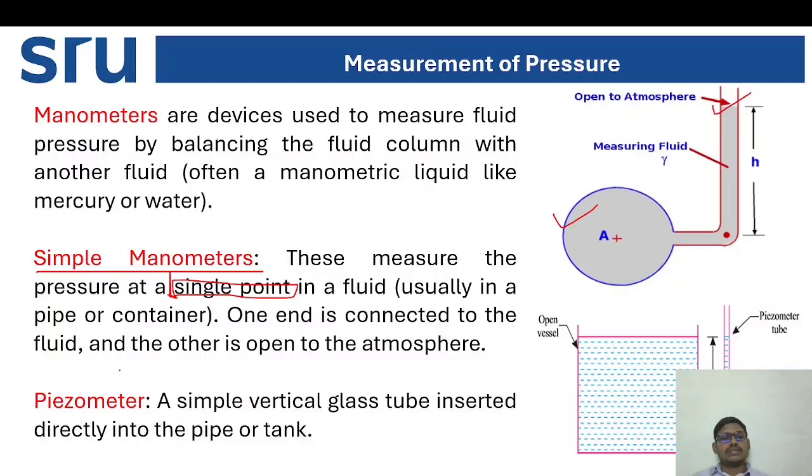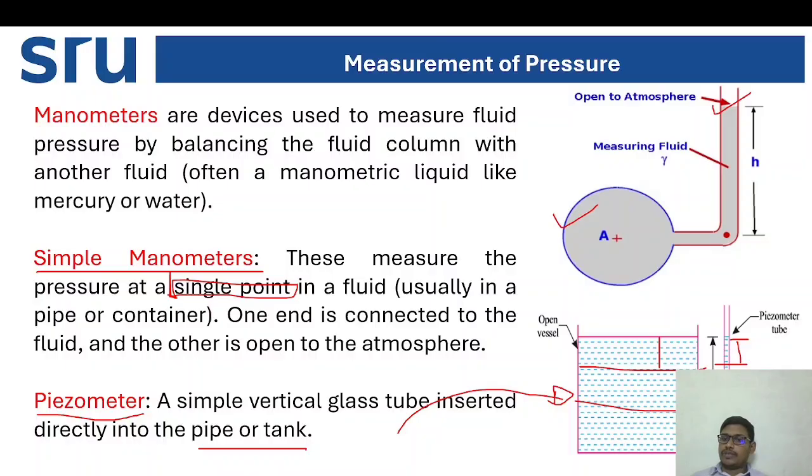This we can measure with a piezometer, a simple vertical glass tube inserted directly into the pipe or tank. See this one, there is a tank, and you should know the level of water. If the level of water keeps decreasing, here also it will decrease.